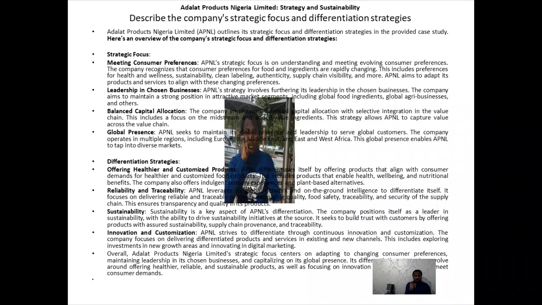Because when we are talking about leadership in choosing business, it is part of Michael Porter's theory, and also the theory of differentiation, which I'm going to come across. So I've given us 2 models now to look at and study more.